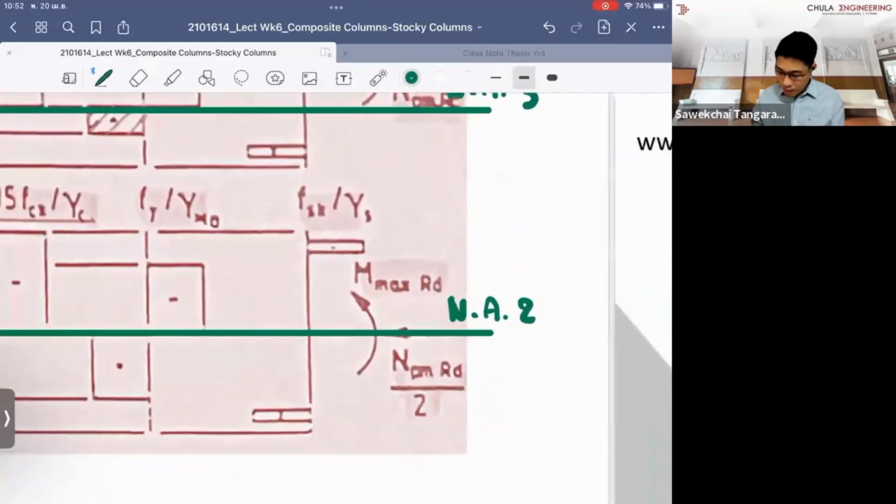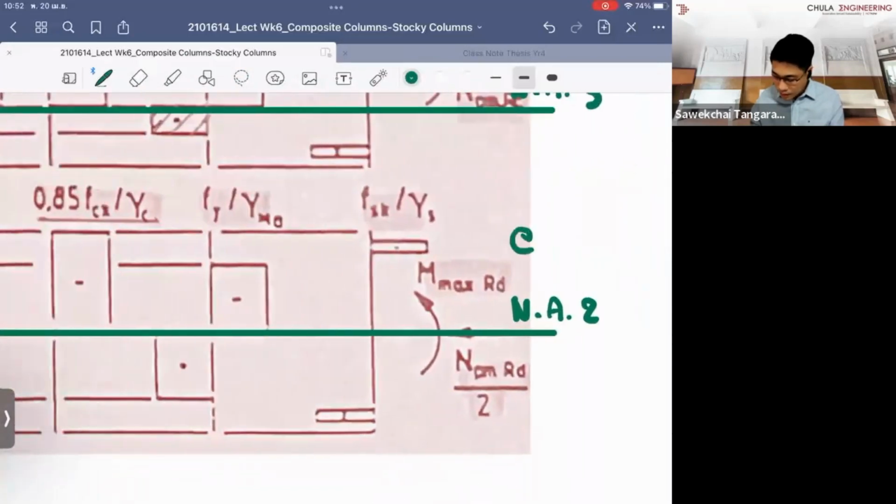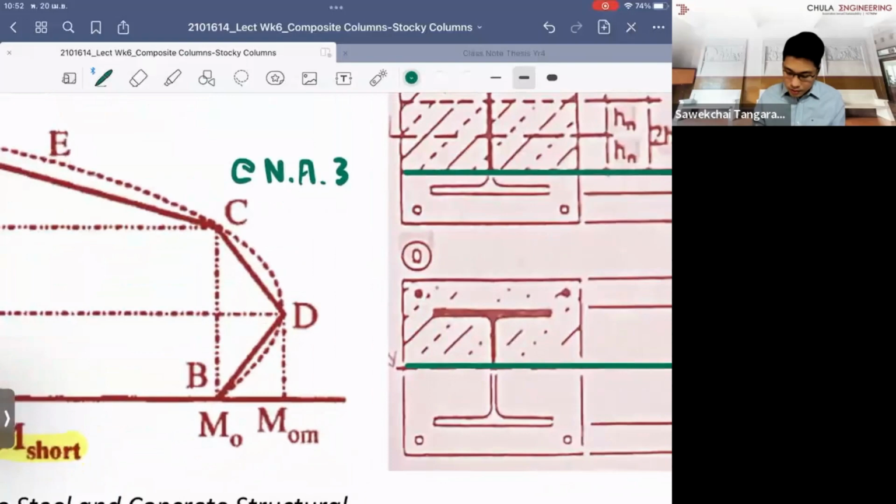And I made the comment that this is at the plastic centroid. So it is here.